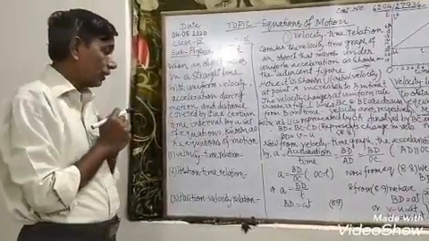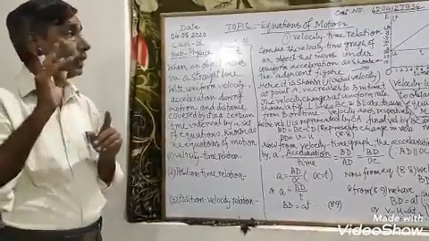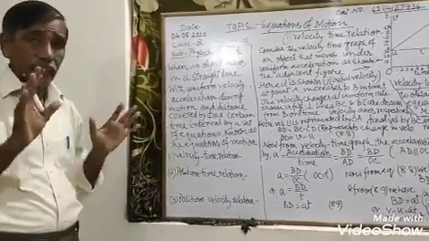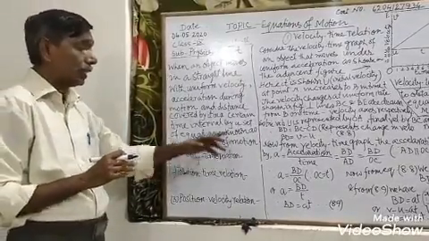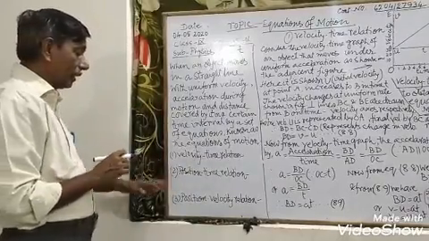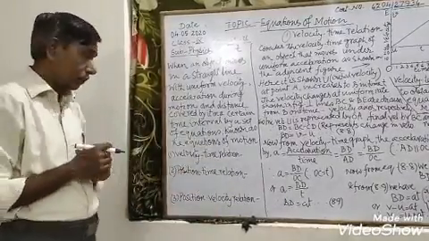Those are known as the equations of motion, and they are mainly three: one, velocity time relation; second, position time relation; and third, position velocity relation.